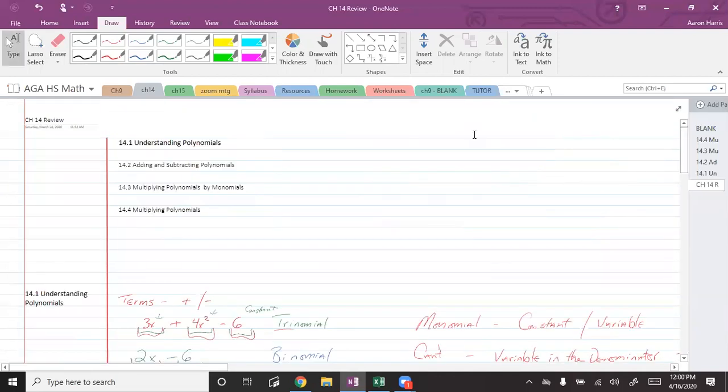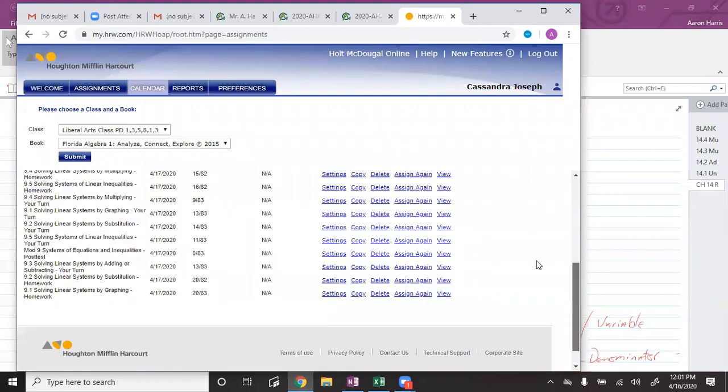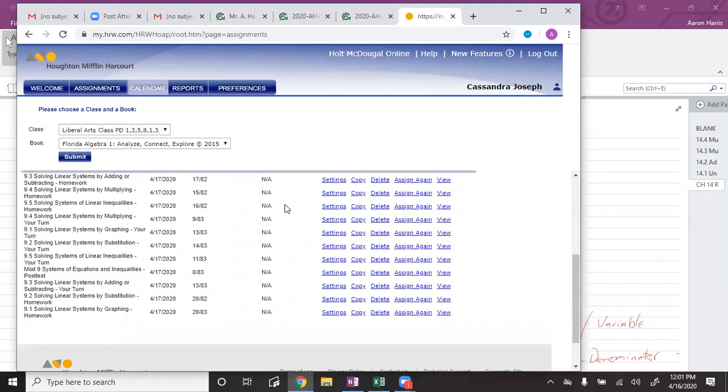All right, so let's bring y'all up to speed. Let's make sure we understand. We have a test today. This is liberal arts and math for college readiness.